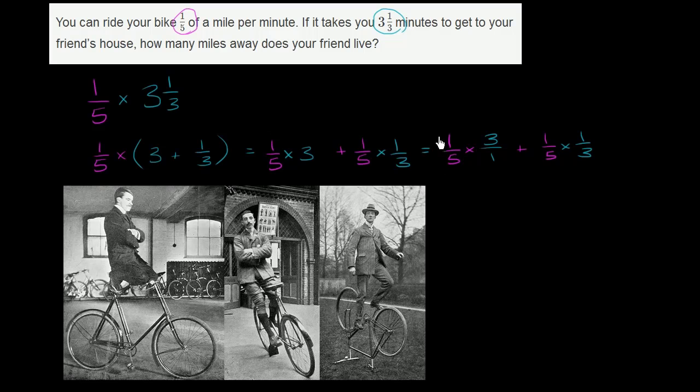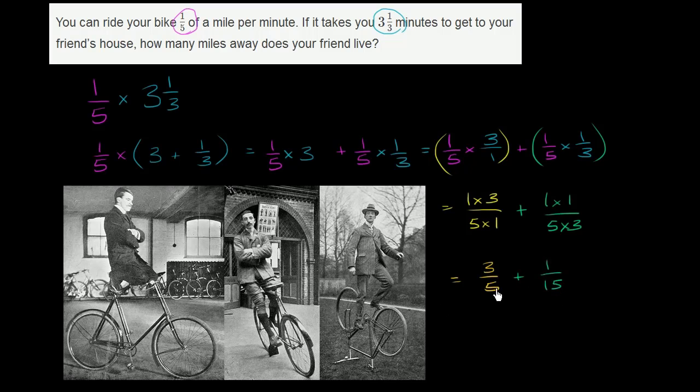And let's just think about what each of these evaluate to. Here, you multiply the numerators and you multiply the denominators. So this is going to be equal to 1 times 3 over 5 times 1. And this business right over here, and remember, order of operations, we want to do our multiplication first, is going to be 1 times 1 over 5 times 3. And so that's going to be equal to 3 over 5 plus 1 over 15.